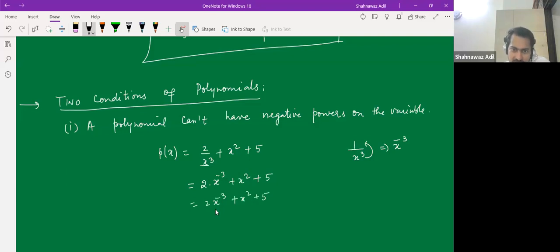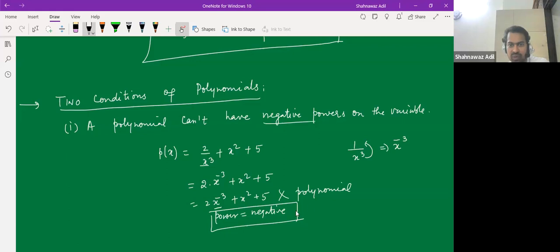You see the power on this x is minus 3. The power is negative, which means that this is not a polynomial, because a polynomial cannot have negative powers. Is this clear to you?